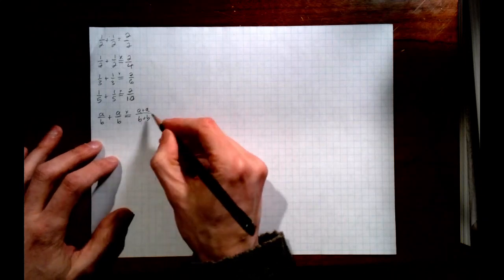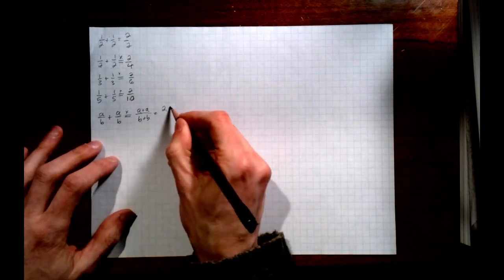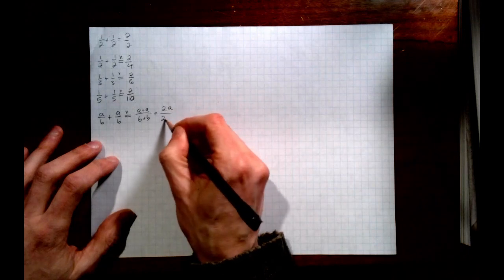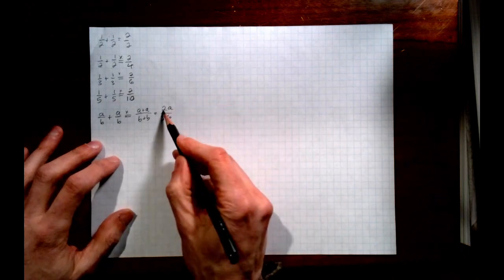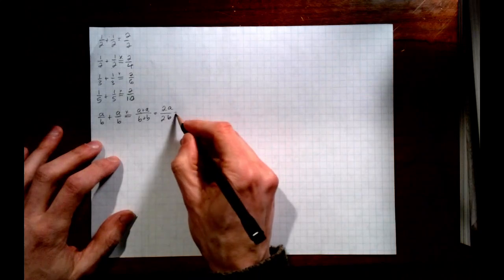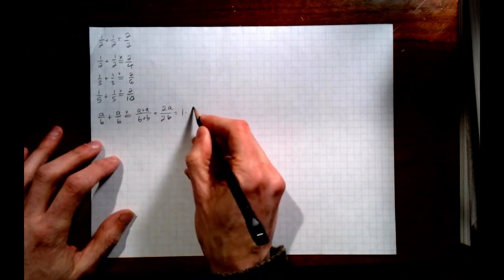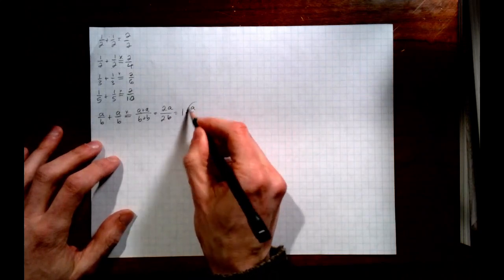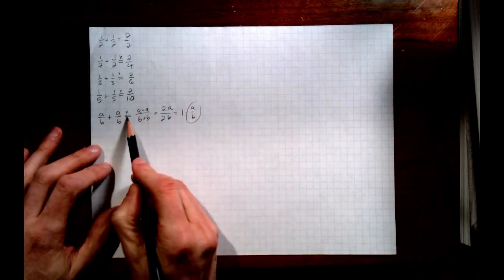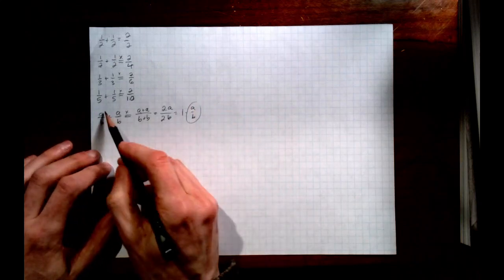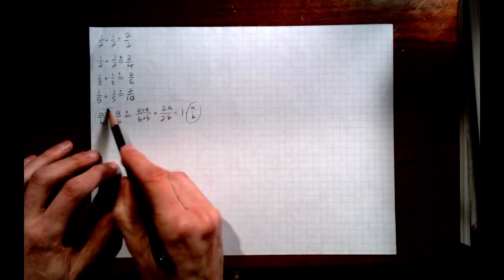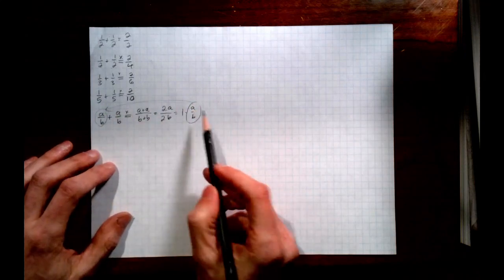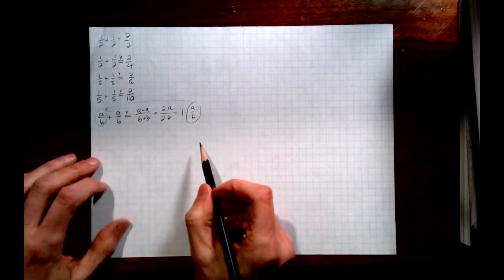And another way to write that would be 2a over 2b. And then that's really like saying 1 times a over b. So it's a over b. So look, when we add the fractions wrong, the thing we're adding comes out. It's going to come out every time that way.